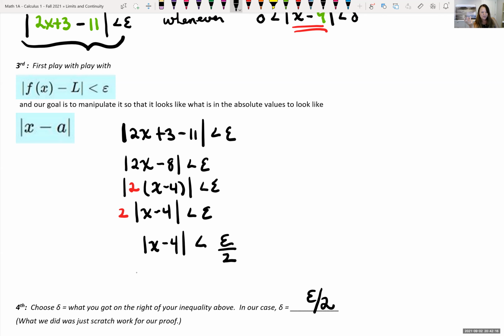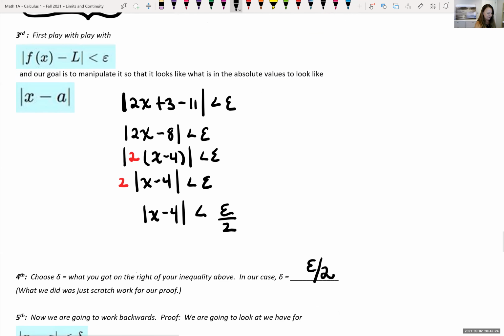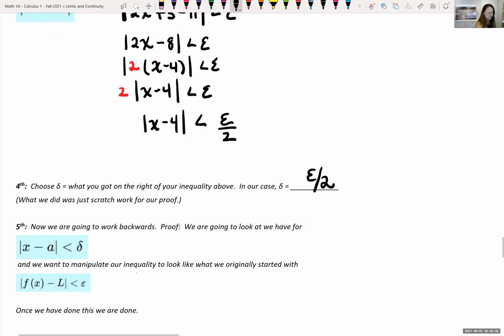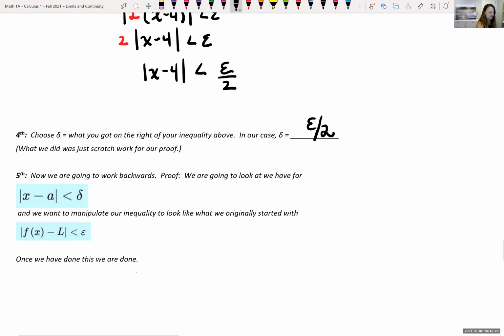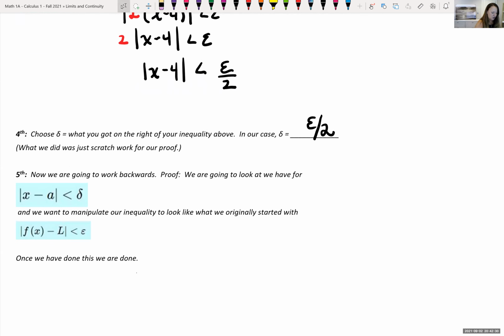So we've actually figured out what we're going to choose delta to be. We kind of worked backwards, and this is like the scratch work of our proof. So now we're going to start in the opposite direction. So we chose what delta has to be, and now we're going to work backwards.